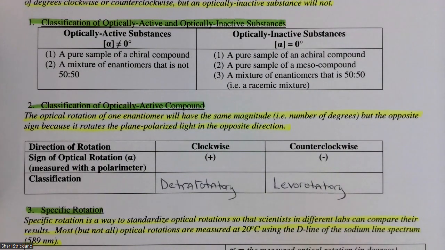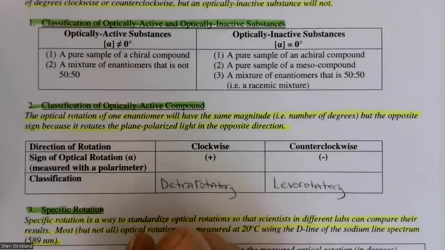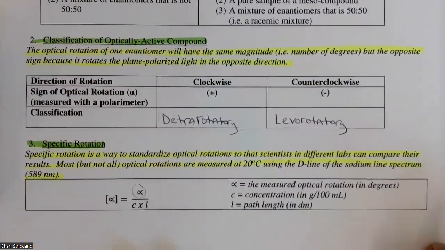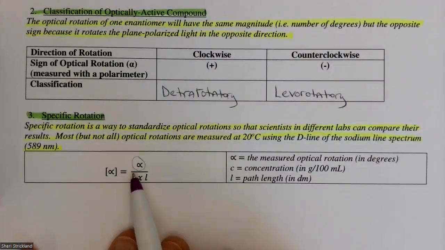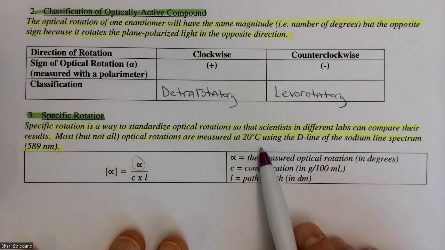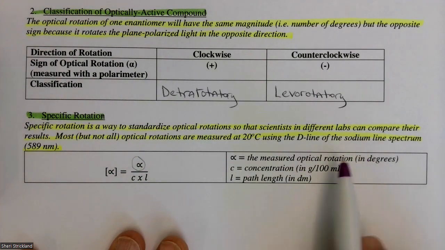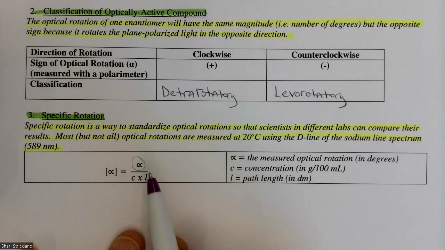Now, optical rotation is what's measured, and that's represented by this alpha right here. But we really needed a way to standardize optical rotations because they were very dependent on the exact experimental conditions: the temperature, the concentration, the path length, the exact wavelength of light that was used in the polarimeter.